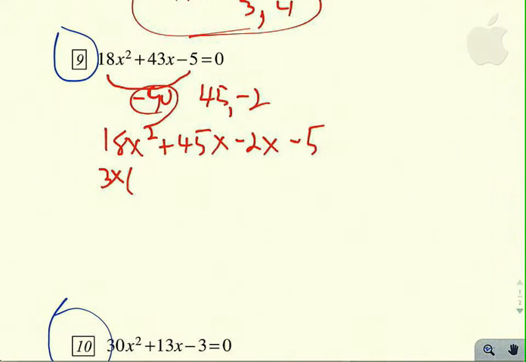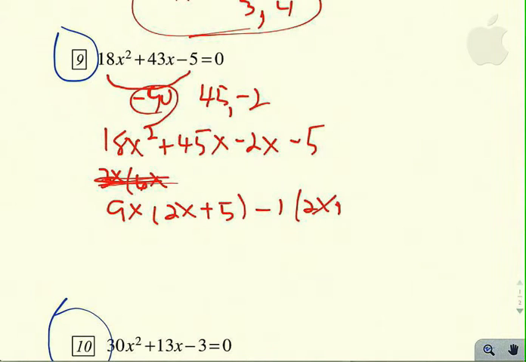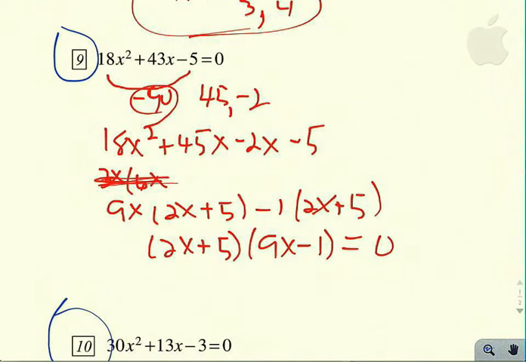No, we can't. Well, let's see, 6x. How about 9x? And take a minus 1 out of the last two. So we'd have 2x plus 5 times 9x minus 1 equals 0. So x would equal minus 5 halves, or 1/9.